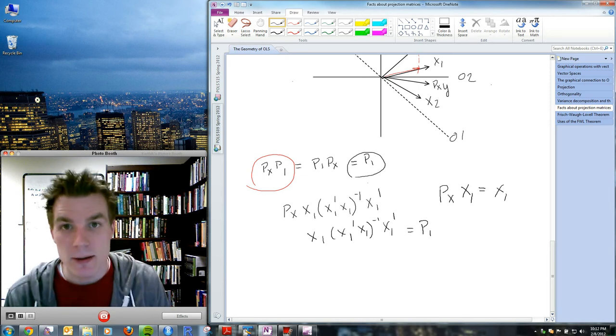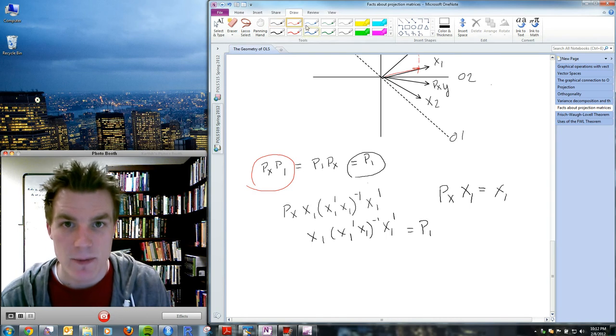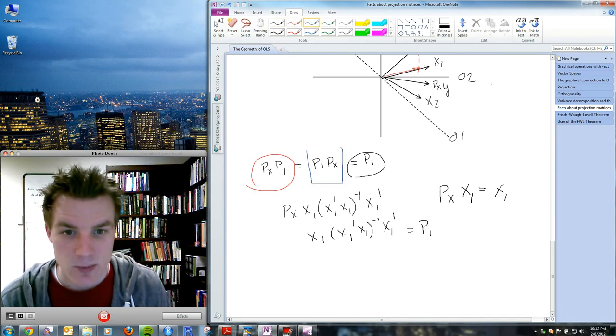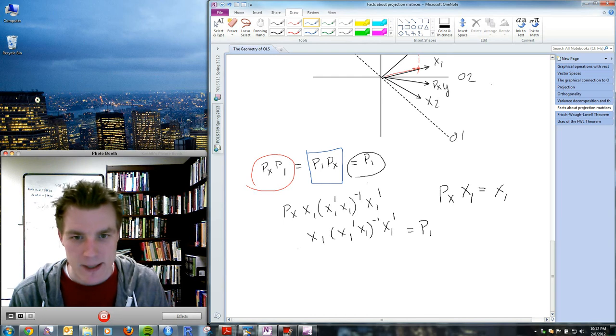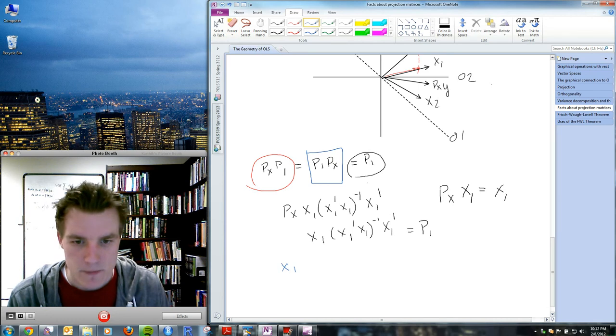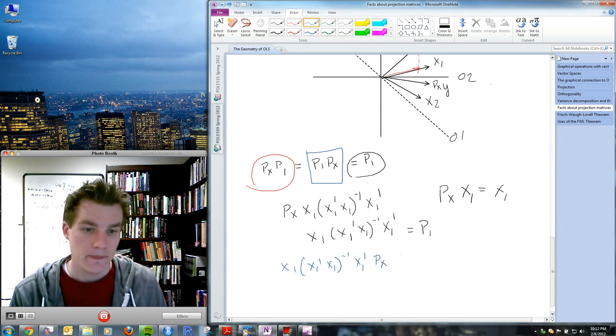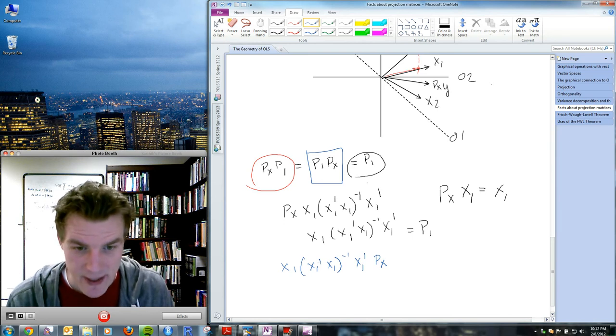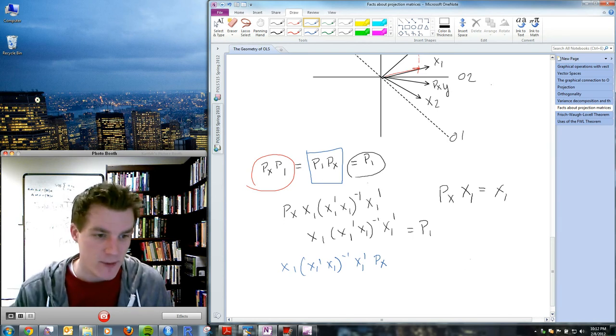Now I could do the same thing for this part. All I need to do is write (x1 transpose x1) inverse x1 transpose Px. I've just translated that into its longhand format.